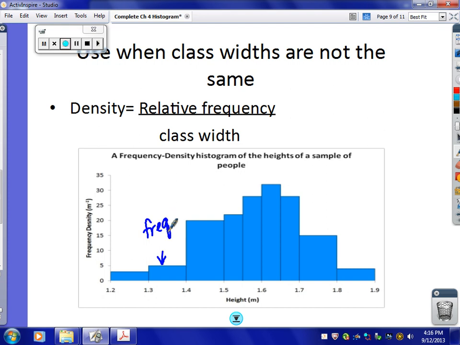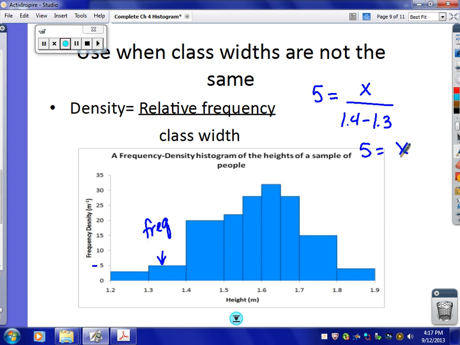I know that the density, if I'm looking over to the graph, corresponds to 5. So I'm just going to use this formula. 5 is equal to, I'm looking for the relative frequency, that's going to be my x, over the class width, which is 1.4 minus 1.3. I'm just going to solve this for x.